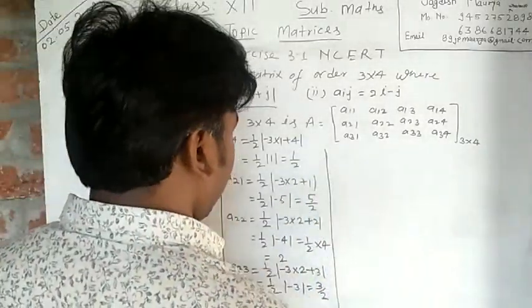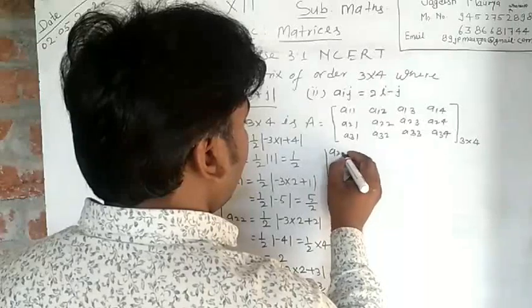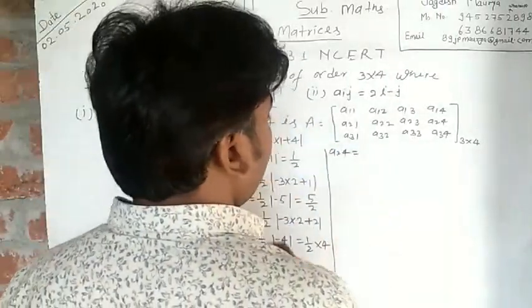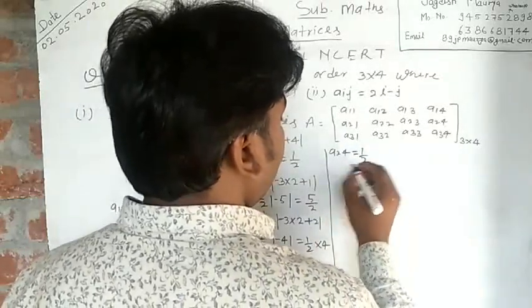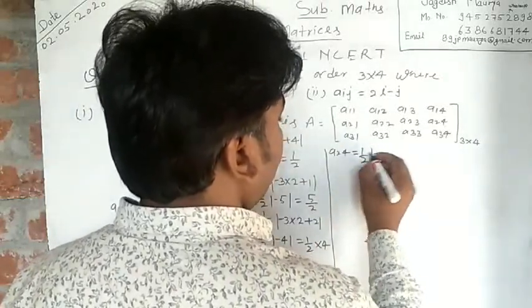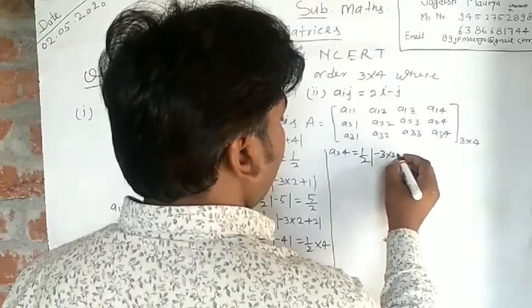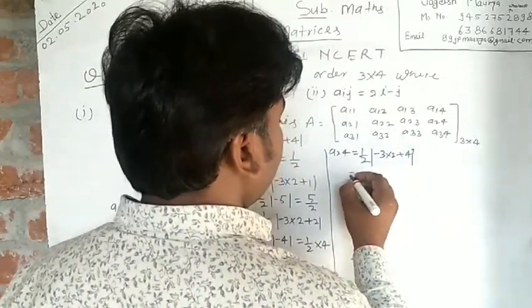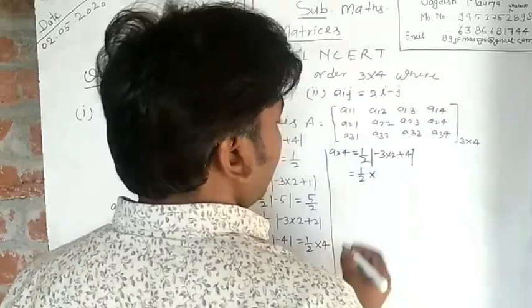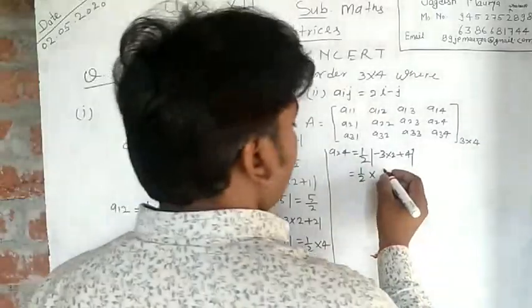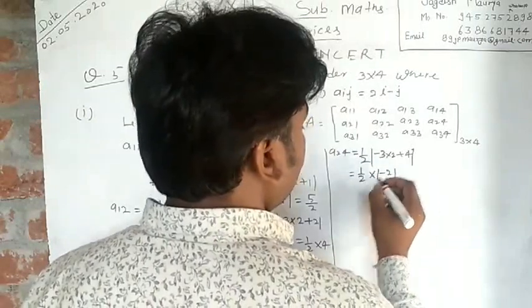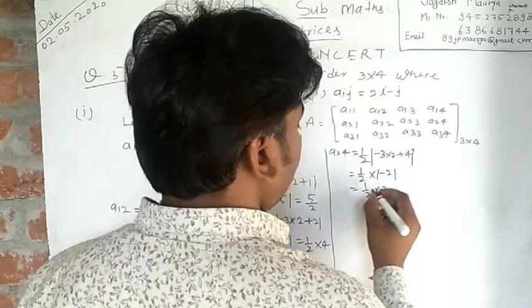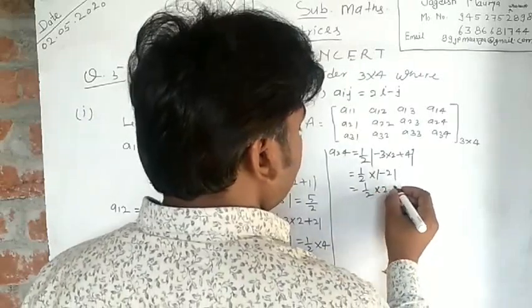Now A24 equals 1 by 2 mod of minus 3 into 2 plus 4. This will come 1 by 2 into mod of minus 6 plus 4, mod minus 2, 1 by 2 into 2. Mod minus 2 means 2. This will come 1.